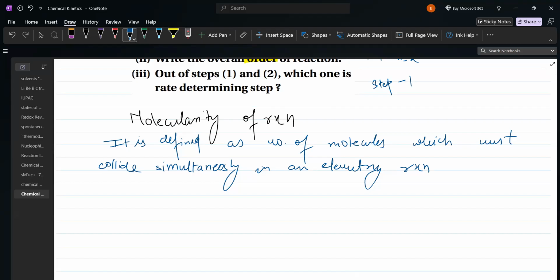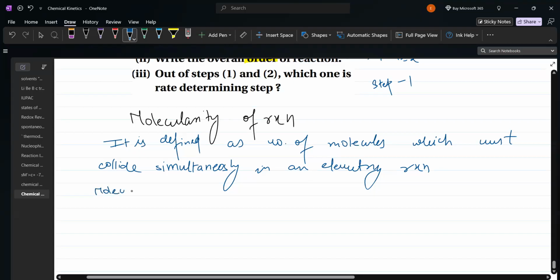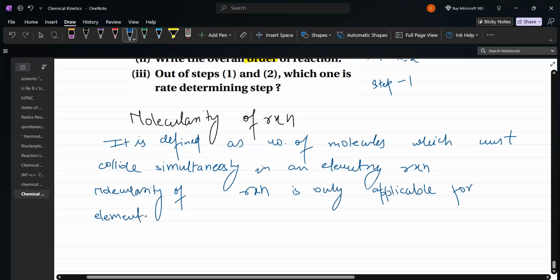The second point you must know is that molecularity of reaction is only applicable for elementary reaction, it can come in assertion reason, and has no significance for complex reaction.